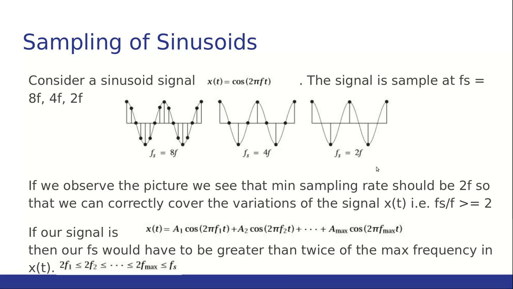If we observe the picture, we see that the minimum sampling rate should be 2f, so that we correctly cover the variations of the signal, from which we can show intuitively that fs by f should be greater than or equal to 2. And if our signal is a sum of some complex sinusoids, then we would have to choose fs such that it is greater than twice the maximum frequency in the given signal x(t).